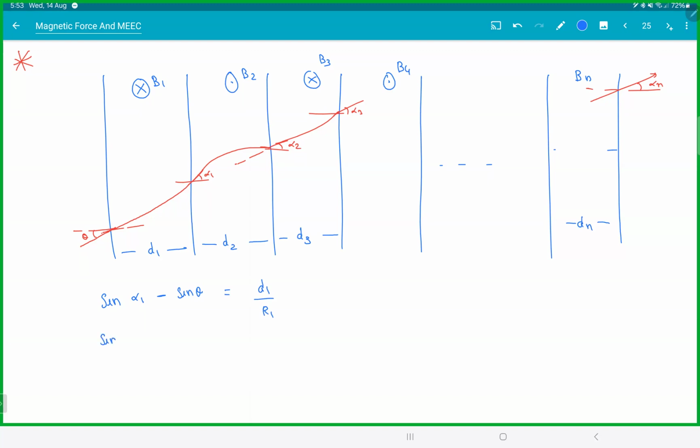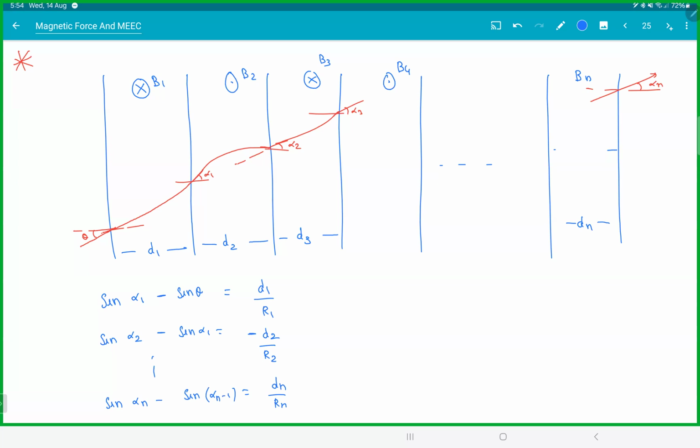The second one would be sin alpha 2 minus sin alpha 1, which is minus d2 by r2 because the field direction has changed, and so on. Finally sin alpha n minus sin alpha n minus 1 is again dn by rn, depending on whether n is even or odd.